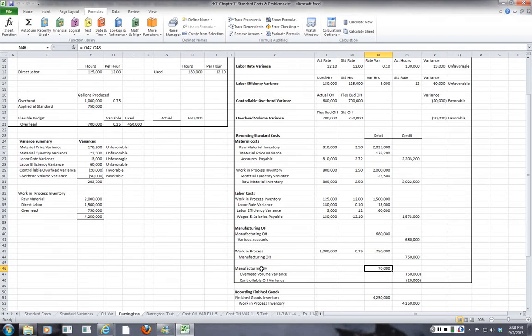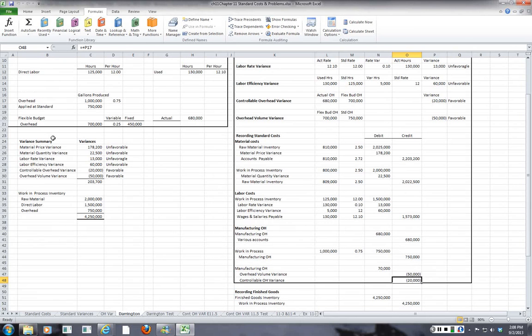So we're going to increase manufacturing overhead from $680,000 to $750,000, and the difference is a credit of $50,000 for overhead volume variance and $20,000 for controllable overhead variance. I hope I haven't butchered that too badly, but I think you can probably see what's going on here.